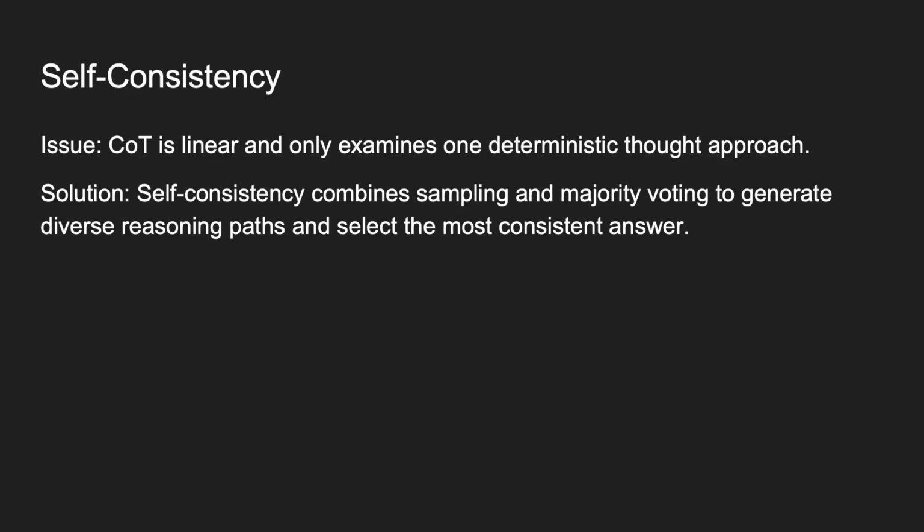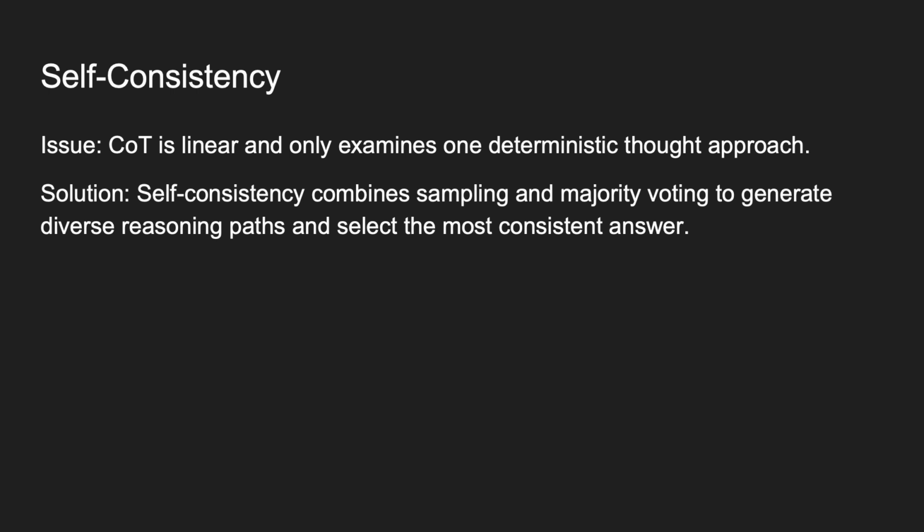One issue, however, is that chain of thought uses a greedy decoding strategy, which limits its effectiveness. Greedy means that at each step, it's going to choose the word token with the highest probability. This is great if you need some deterministic result, but sometimes we need an LLM to be probabilistic, right? We want it to consider other approaches.